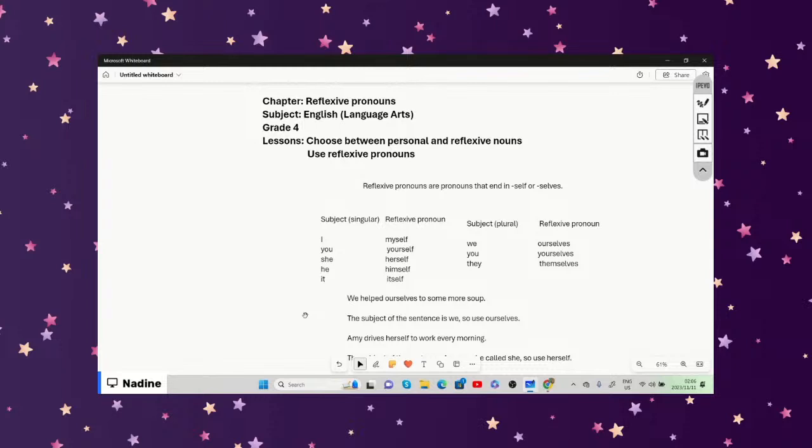Our subject is English language arts, grade 4. And the lessons that we're going to be focusing on are to choose between personal and reflexive pronouns and to use reflexive pronouns.